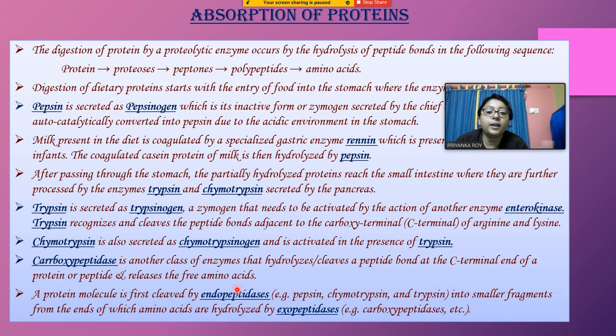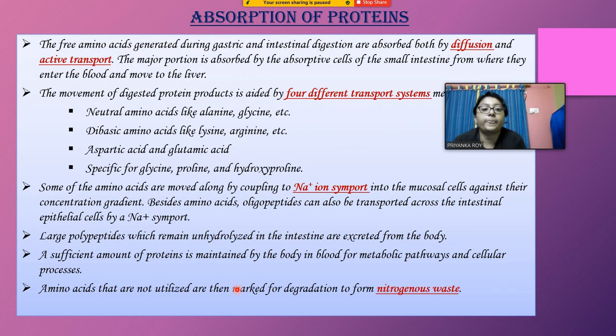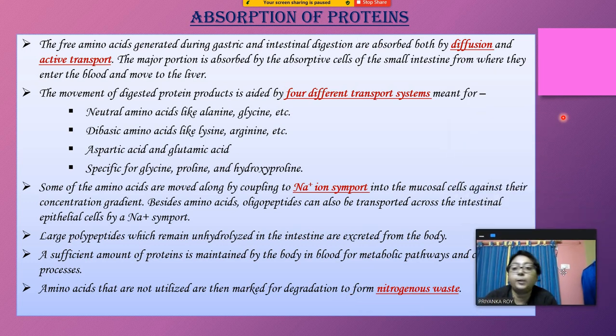And exo is that which can cleave from the end of the protein molecule. So, the free amino acids are now generated by the help of all these different enzymes, and they are absorbed both by diffusion or by active transport in the intestine.